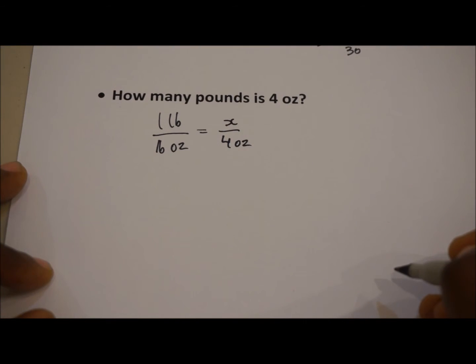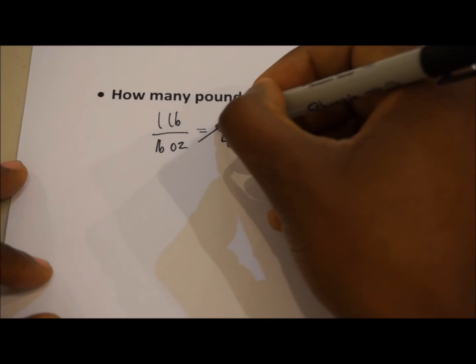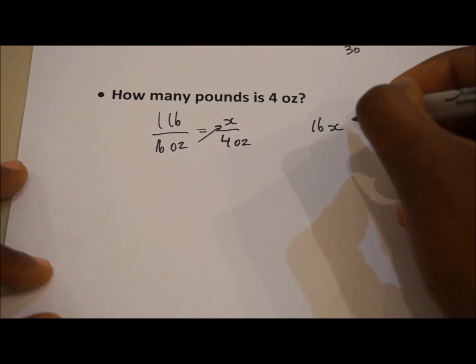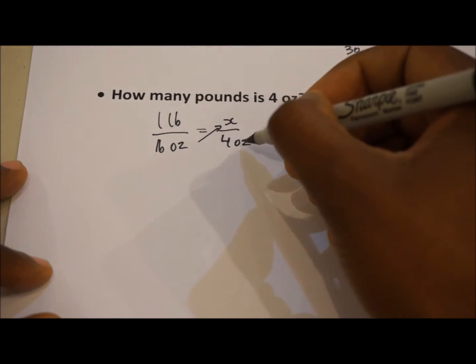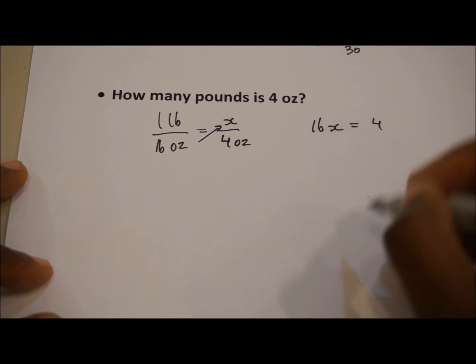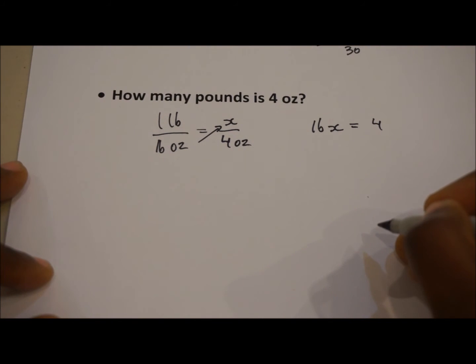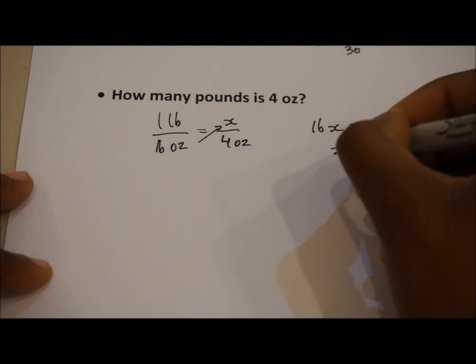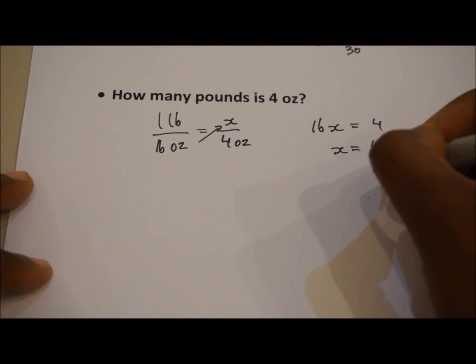I apply my same cross multiplication technique. Therefore, 16 times X would be 16X. Equal sign returns. And then 1 times 4 is 4. Again, I want to get my X by itself, therefore I need to divide by 16, since 16 is multiplied to the X. Therefore, X is equal to 4 divided by 16.